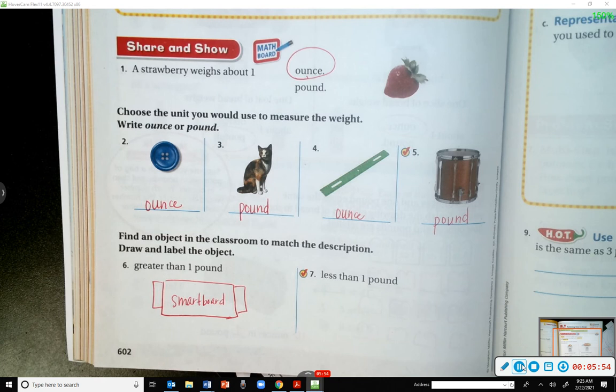Anything else y'all could think of in here that's more than a pound? Bryson? Me. Yeah, you could draw a person.